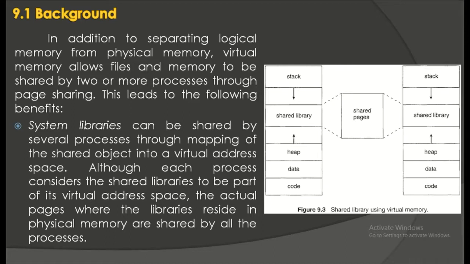Although each process considers the shared libraries to be part of its virtual address space, the actual pages where the libraries reside in physical memory are shared by all the processes. Typically, a library is mapped read-only into the space of each process that is linked with it.